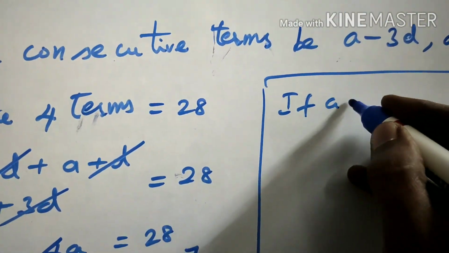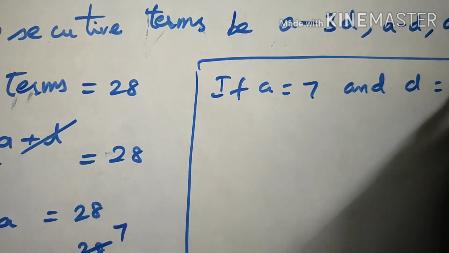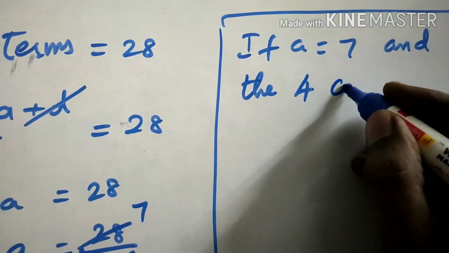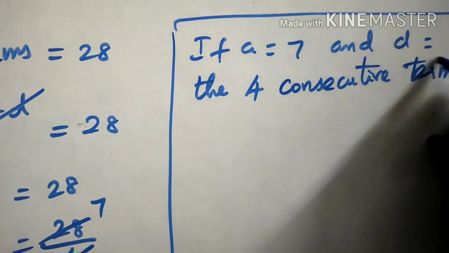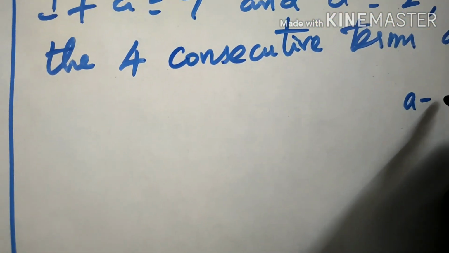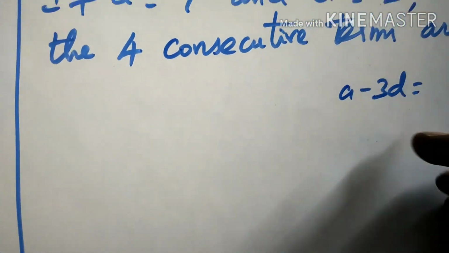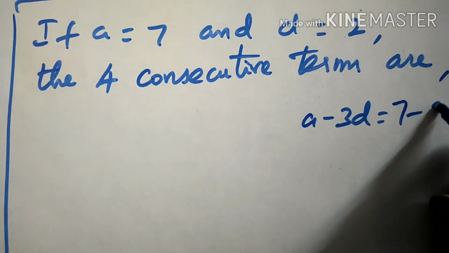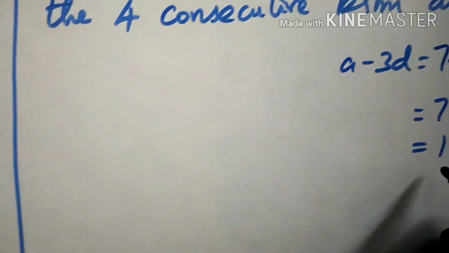If a equal to 7 and d equal to plus 2, we can take the 4 consecutive terms as, see here, I'll do here: a minus 3d, then a minus d, a plus d, a plus 3d. Okay, so a is 7, minus 3 into 2. So 7 minus 6 equal to 1.